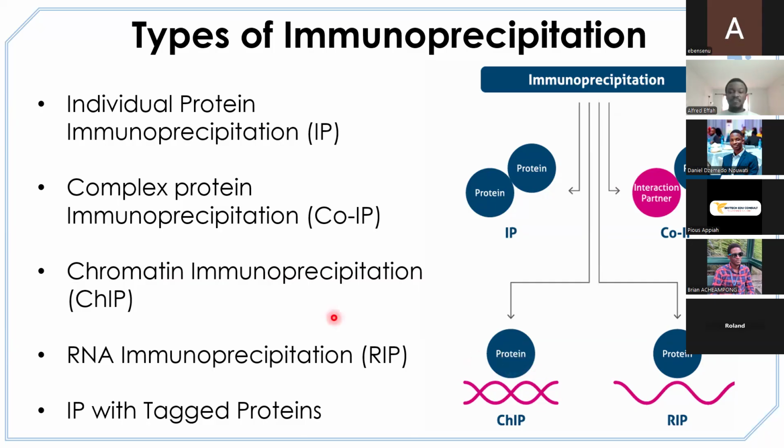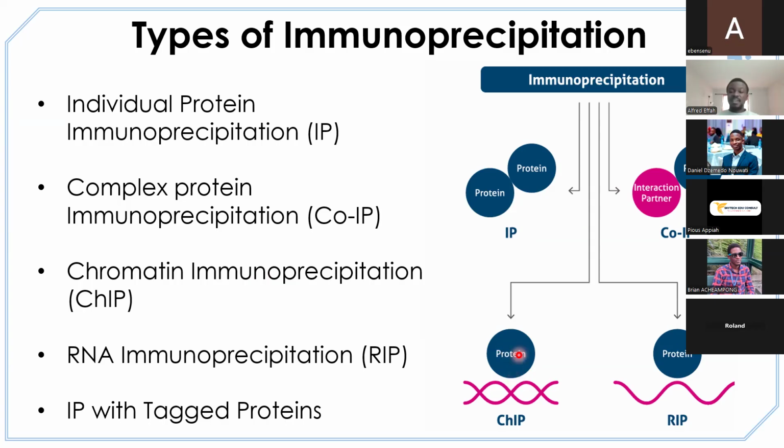We can perform a ChIP assay, which is chromatin immunoprecipitation. So here, this is our DNA. Is protein A binding to it? What we do is cross-link, or fix, to make sure that it is bound. And once it is binding, we just have to develop an antibody against this protein.